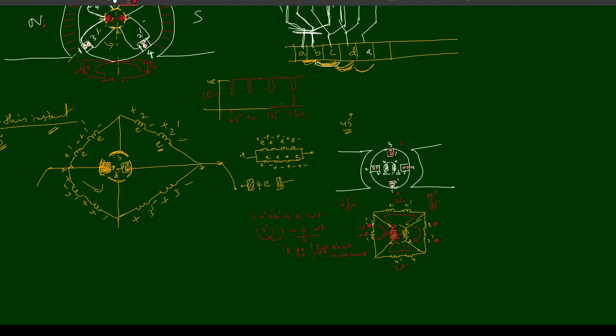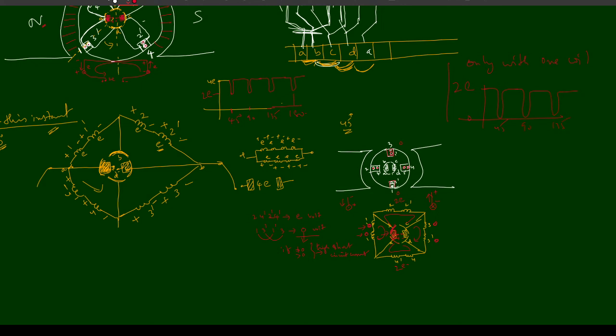So earlier with only one coil we got 2E as the maximum voltage and 0 voltage at 45 degrees. This is 2E, this is 0, and it was like this, 90, 135.